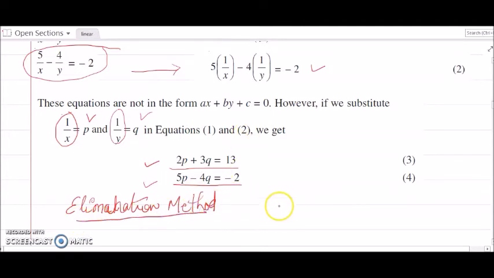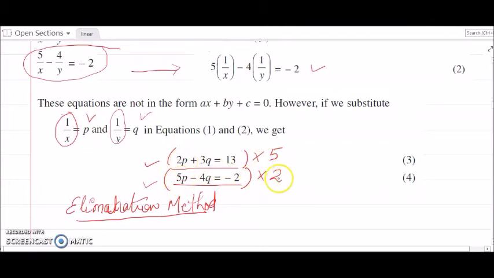So in this method, what we are going to do, first of all, I'll multiply this with 5 and I'll multiply this by 2. Why are we doing this? Because we have to equate the coefficients of p. Here there is 5, here there is 2. If I multiply this 2 by 5, this will be 10.